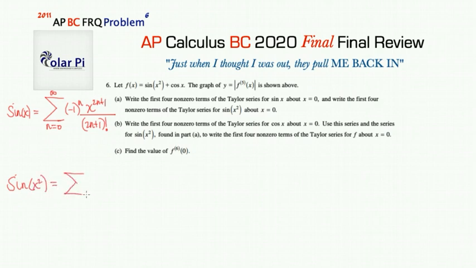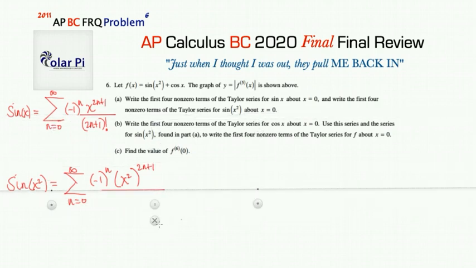So sine of x squared is the sum from n equals 0 to infinity of negative 1 to the n, and then we replace the x with x squared, so x squared to the 2n plus 1, otherwise nothing else changes, divided by 2n plus 1 factorial. Okay, cool. So we see that we can go from well-known Maclaurin series to modified versions of them in this little manner.